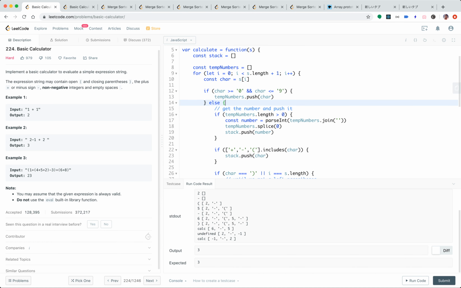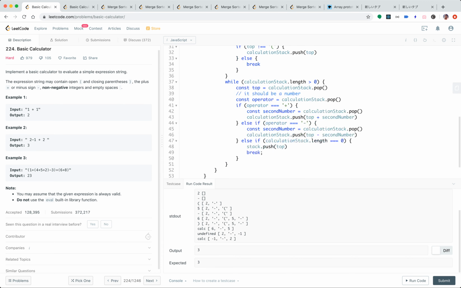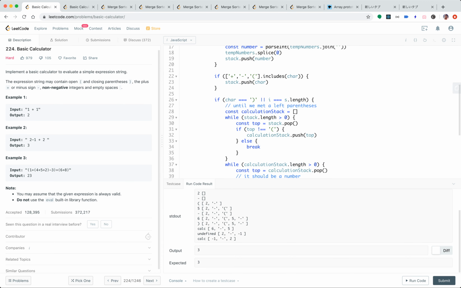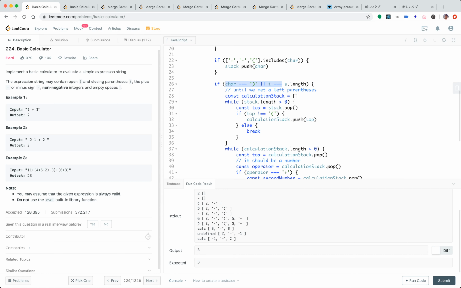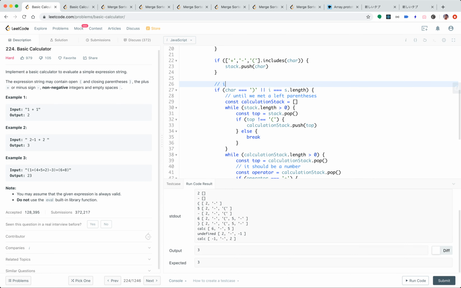So for the for loop, we couldn't stop at s length minus 1. It should be s length, and we check again here. I add a comment: if it is a right parenthesis or the end of the expression.